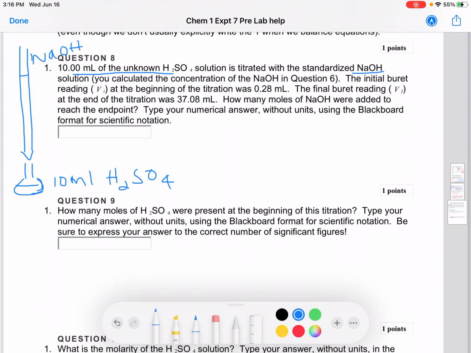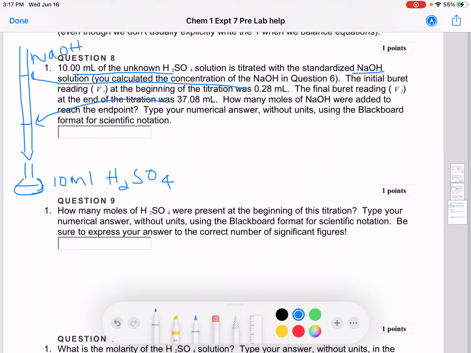The initial buret reading at the beginning of the titration was 0.28. Final, let's say, 37.08. How many moles of sodium hydroxide were added to reach the end point? So when you add sodium hydroxide, you reach the end point.